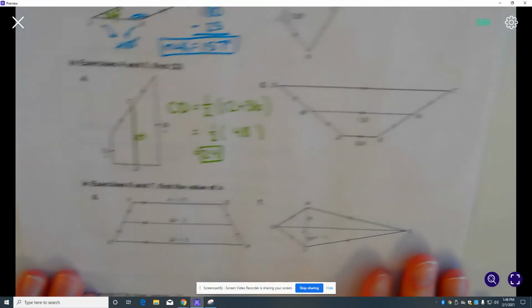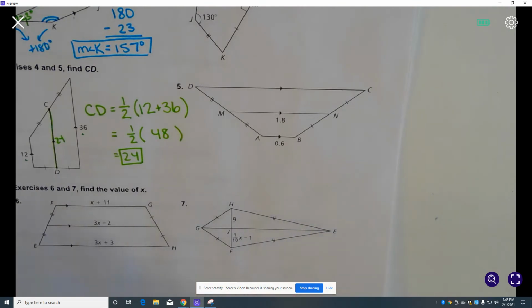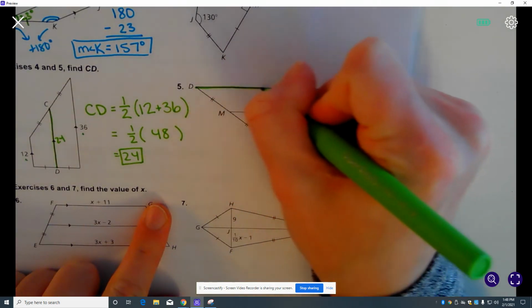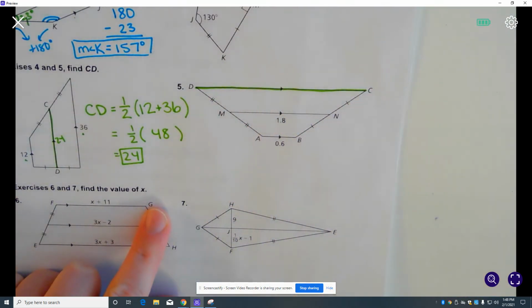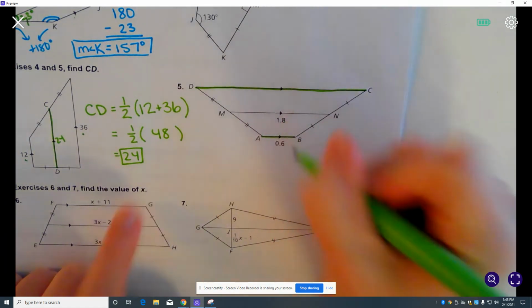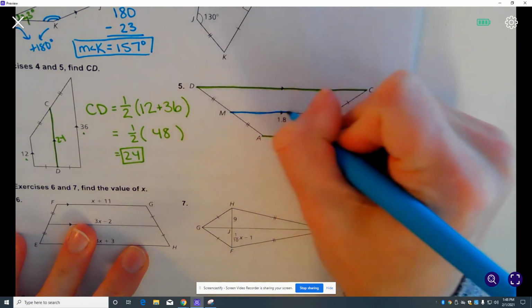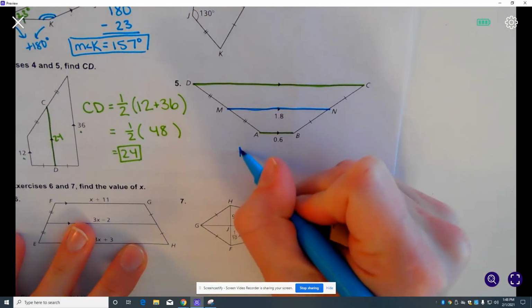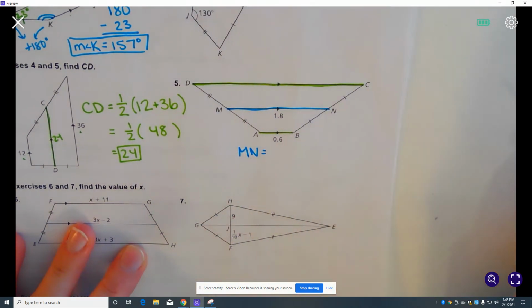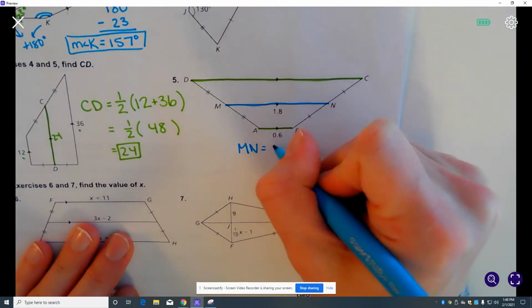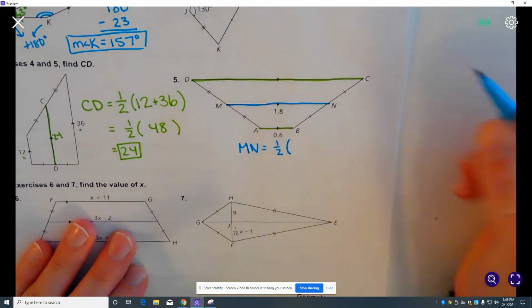And number 5, this time, the length of CD is not the mid-segment, CD is one of the bases. We're still going to use our formula. So first let's find the mid-segment. The mid-segment, MN, is going to be equal in length to 1/2 the sum of the two bases.